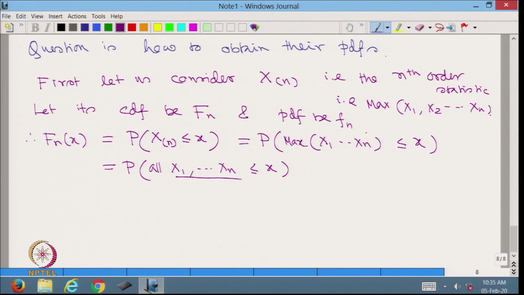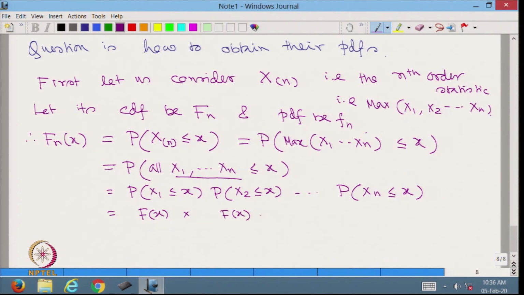And since they are independent and identically distributed, this is equal to probability x1 less than or equal to x, times probability x2 less than or equal to x, and so on up to probability xn less than or equal to x, which is equal to F(x) into F(x) into F(x), n times, which is equal to F(x) whole to the power n.